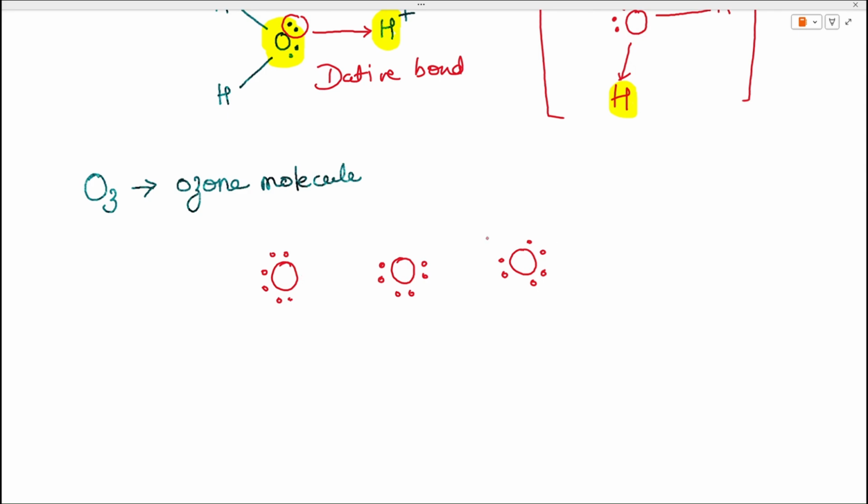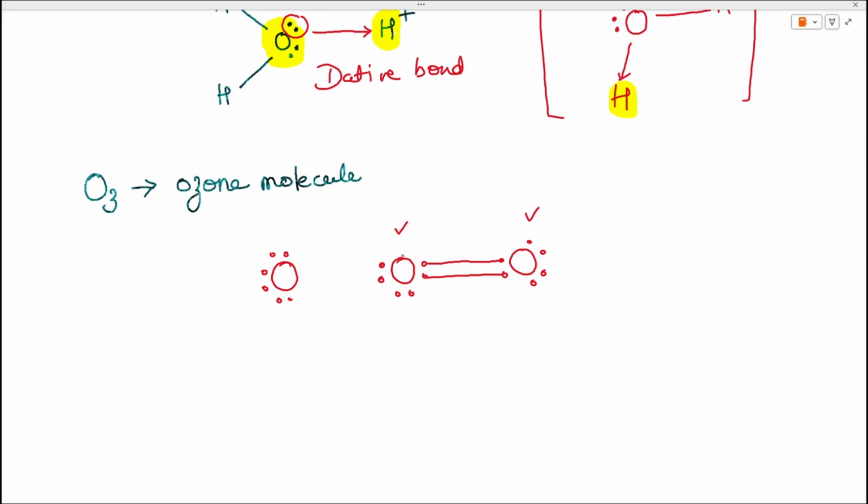Now, because oxygen has 6 valence electrons, it needs to share 2 electrons with its neighboring atoms. So in this case, if these 2 pairs of electrons are shared between the 2 oxygen atoms, this atom also has its octet complete, and this one also has completed its octet. So how do we do the bond formation between this oxygen and this oxygen?